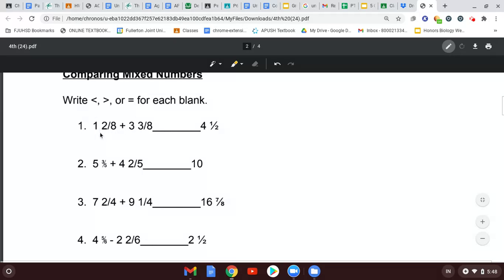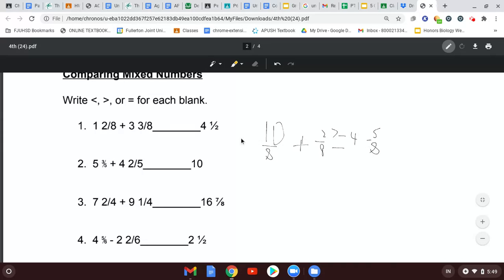So for example, this would be 1 times 8, which is 8, 8 plus 2, which is 10, 10 eighths, plus 3 times 8, which is 24, 24 plus 3, which is 27, 27 eighths. If you add that together, that'll be 37 over 8, or 4 5/8. Okay.